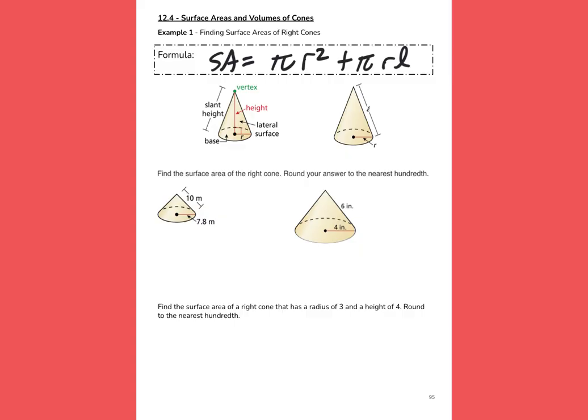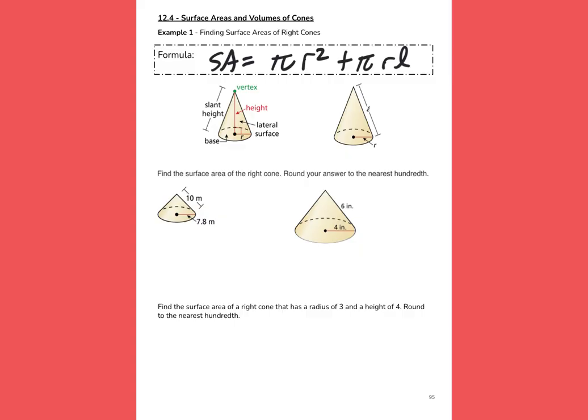Now, as we look at a couple of things, the one letter that's new here today is the L. The L isn't something that we've seen so far in this chapter. We've seen pi is pretty straightforward. R is my radius. The height that we've been focused on the majority of the time is what we call the perpendicular height. That makes a 90-degree angle with the base. If I'm given the side on the slanted side of the cone, then we call that the slant height.